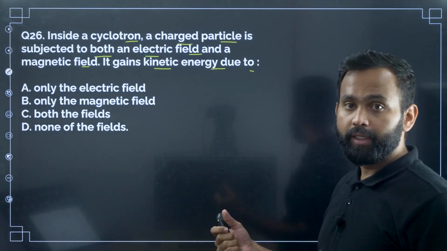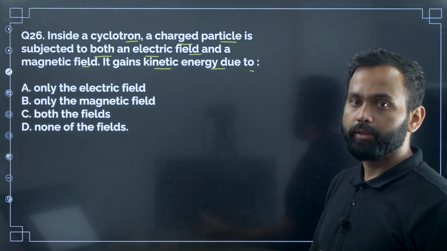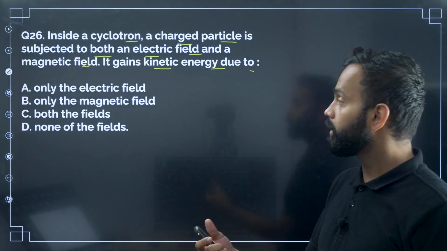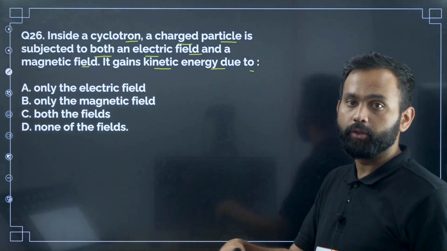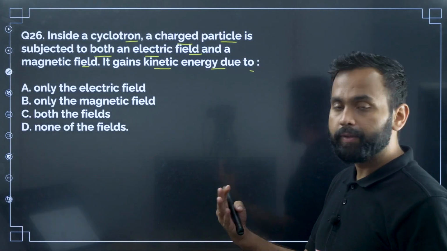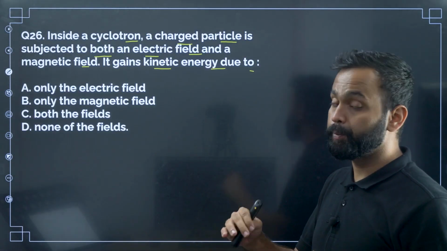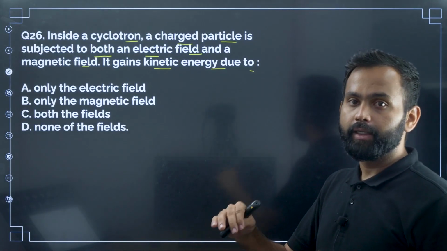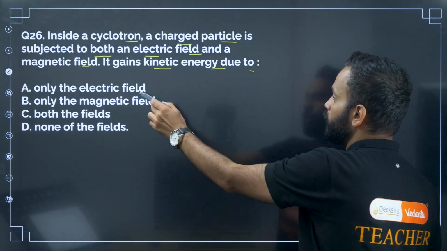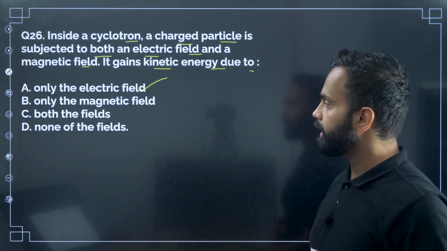Due to the magnetic field, its velocity changes, that is, the direction of the motion of the particle changes, but its speed does not change. Due to the electric field, its speed increases. So the correct option is A, only the electric field.